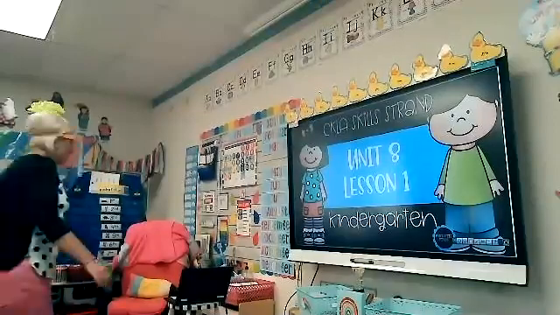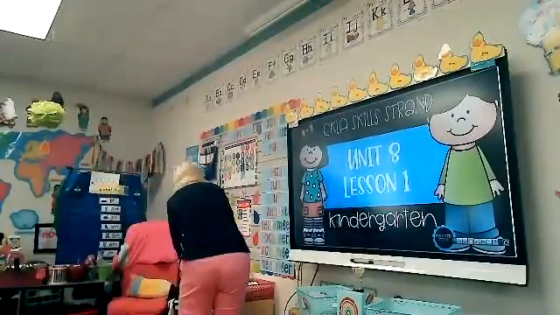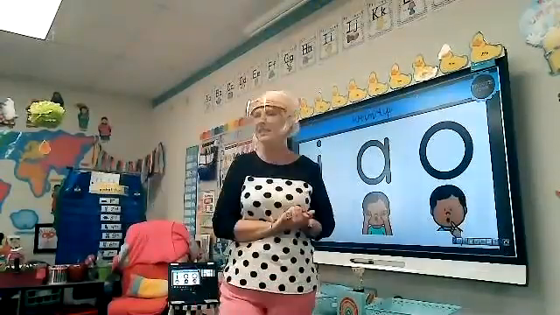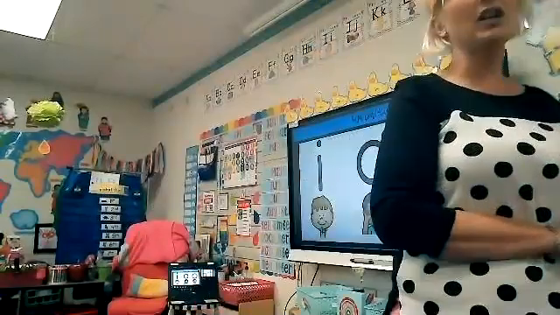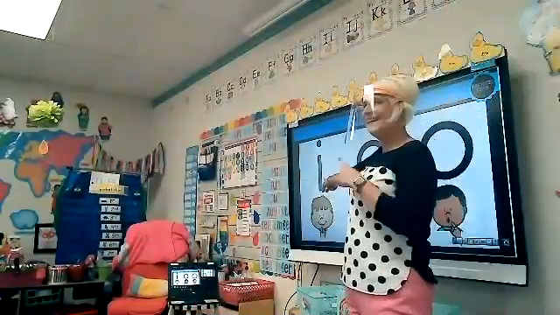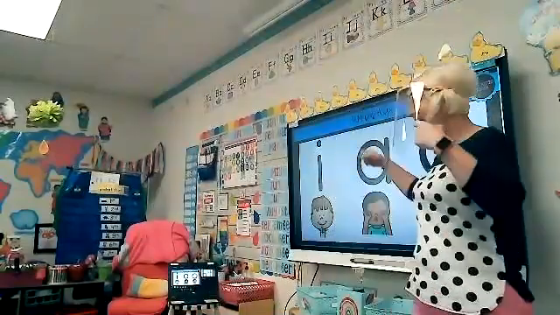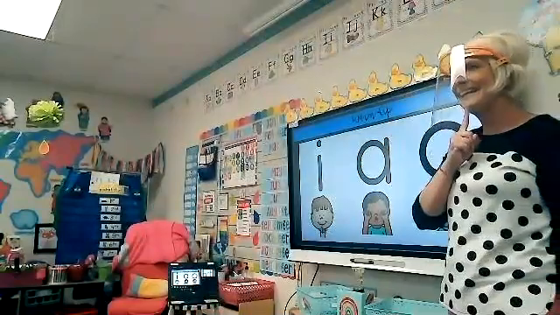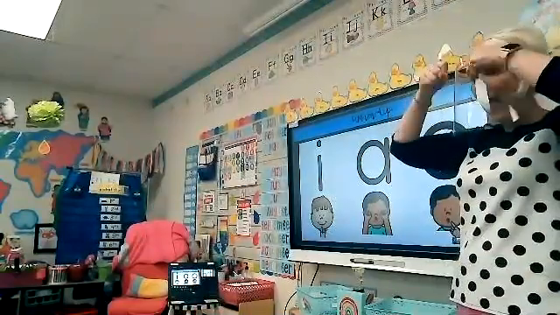Here we go. We're going to start out by reviewing our vowel sounds. Do you remember when we did this at the beginning, when we learned our vowel sounds?